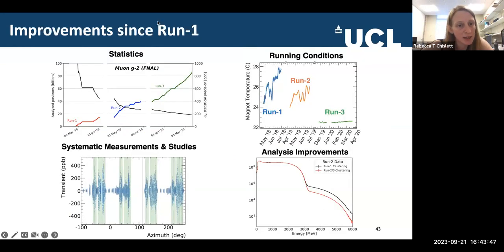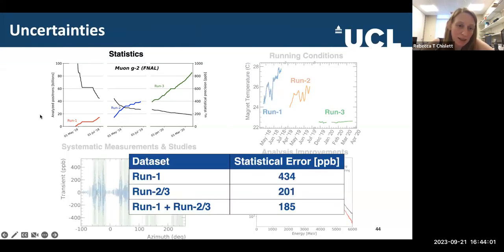Here, I'm now going to quickly summarize the improvements since the run 1 measurement. I divided them into 4 rough categories. First, statistics: we have a lot more data. You can see here the run 1 result was just based on the part in red, and now we have the data in blue and green.